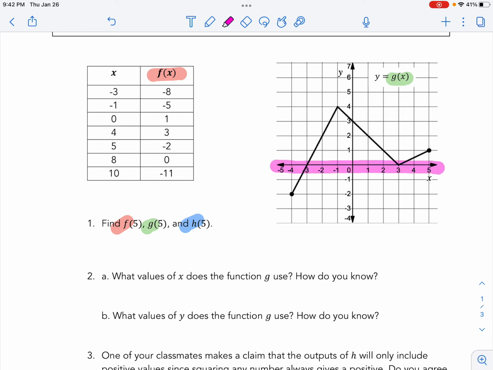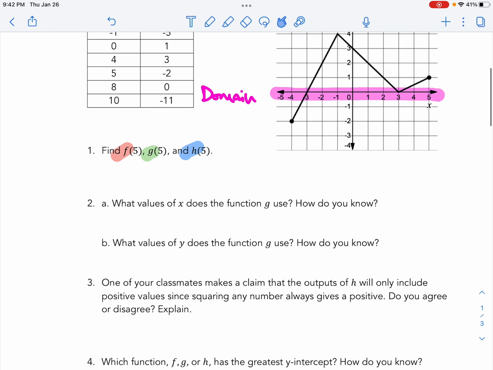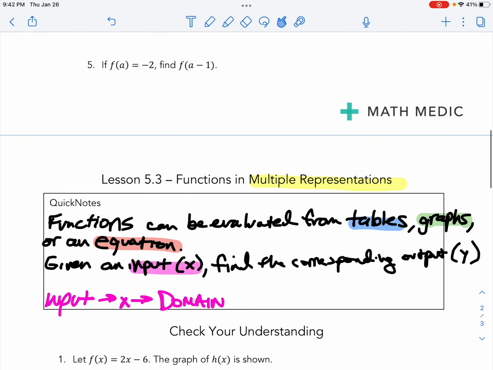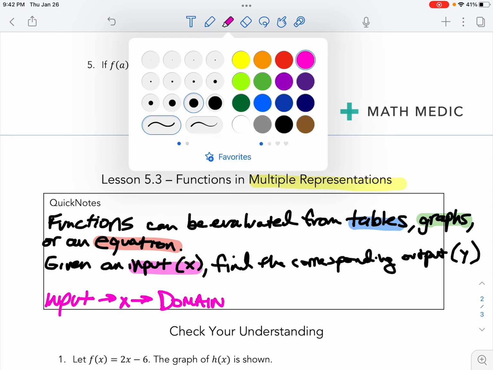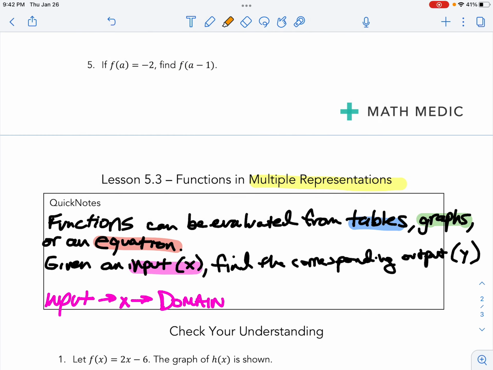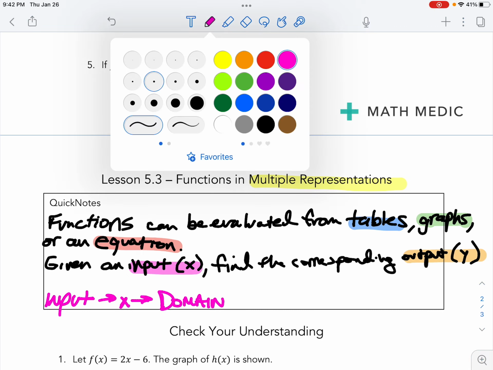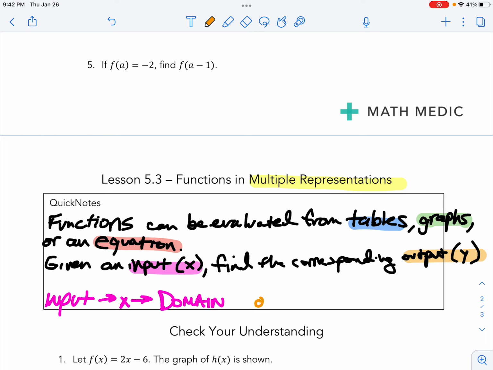We're going to reference this as much as possible early on so we get used to it. Corresponding to that, if I have an input that's X and its domain, then our output or our Y value is referred to a lot also as the phrase range.